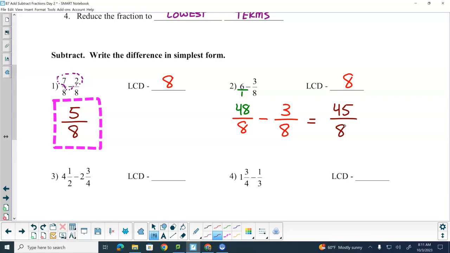Okay. Or we can write it as what? What would the whole number part be? How many 8s go into 45? 4 would only be 32. 5 would be 40, right? Okay. So 5, and what's left over? 5/8. Either one of those.